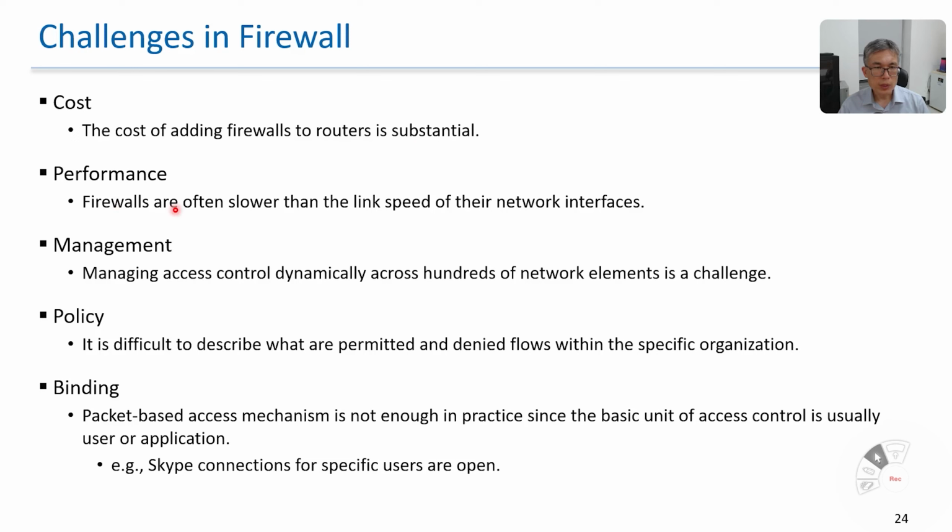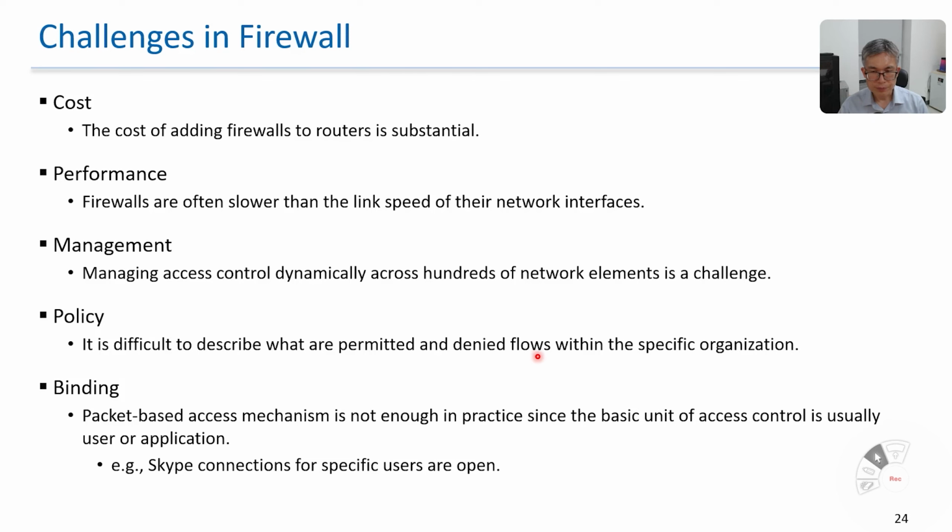Performance: firewalls are often slower than the link speed of their network interfaces, like 10G or 100G gigabits per second. And thirdly, from the management point of view, managing access control dynamically across hundreds of network elements is a challenge. And the policy, it is difficult to describe which hosts and which servers are permitted or denied.